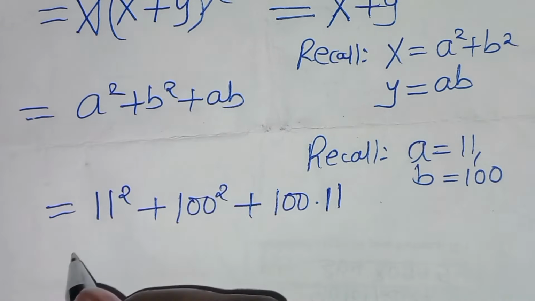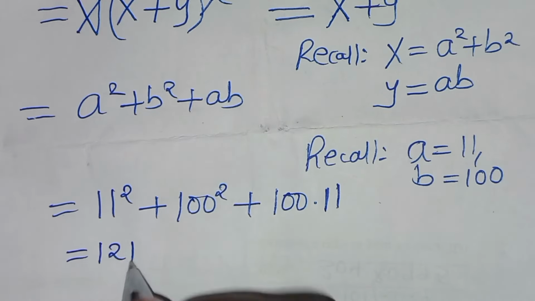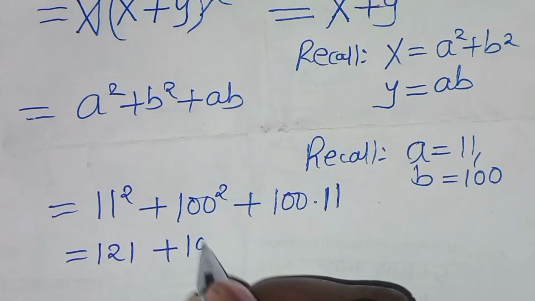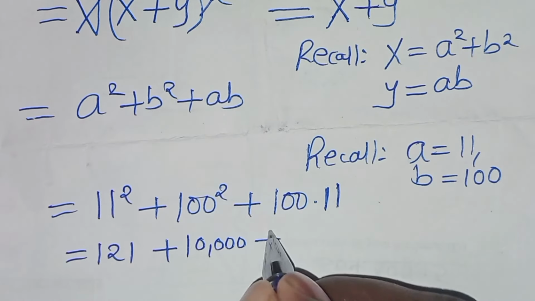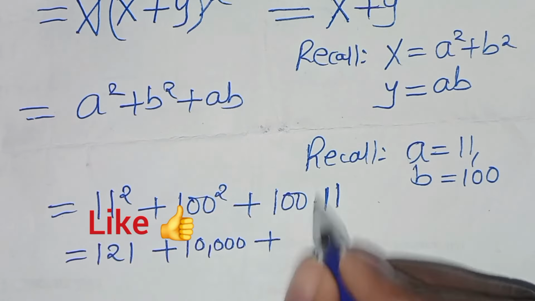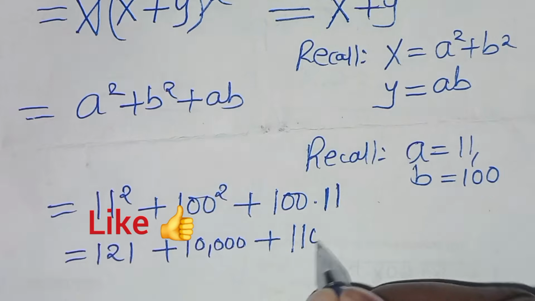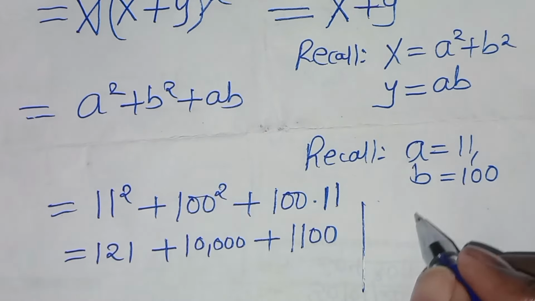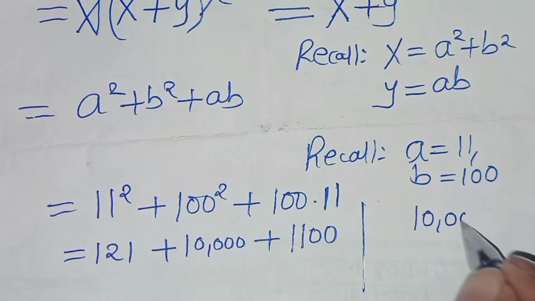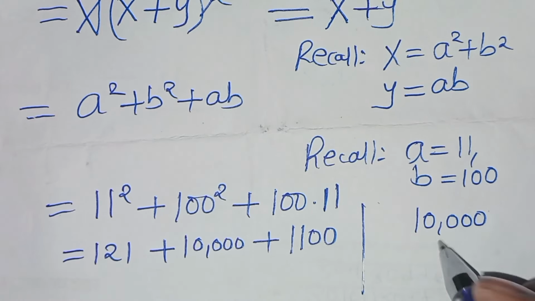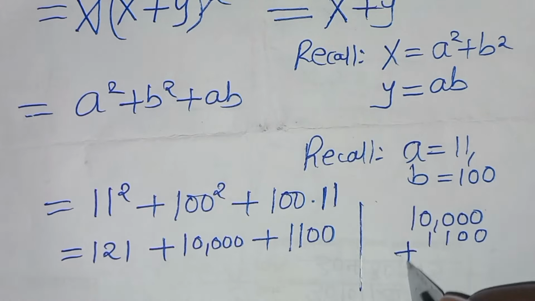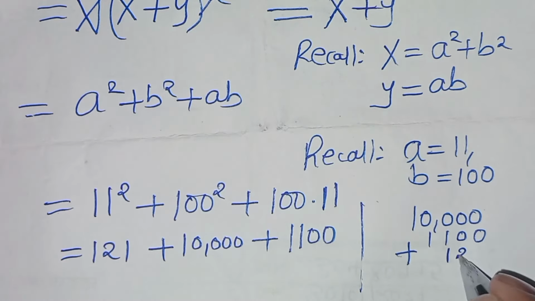So 11 squared is equal to 121, then plus 100 squared, this is 10,000, then plus 11 times 100, this is 1100. So this implies we have 10,000 plus 1100, then plus 121.